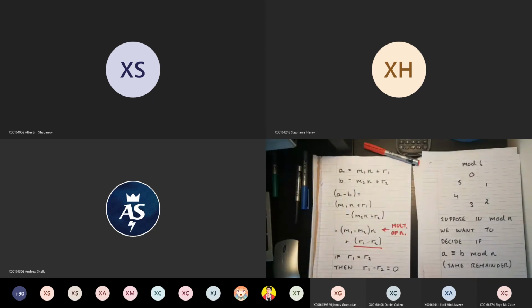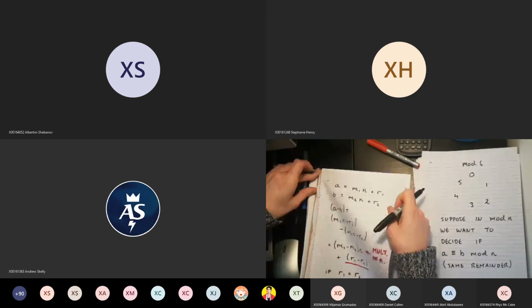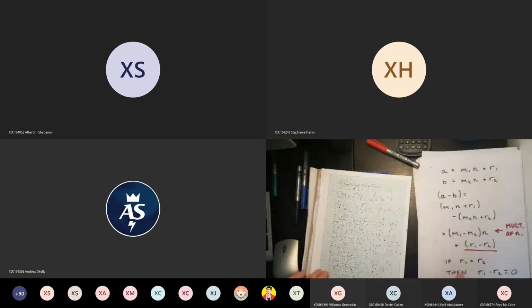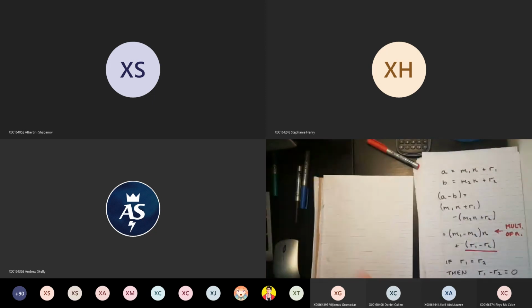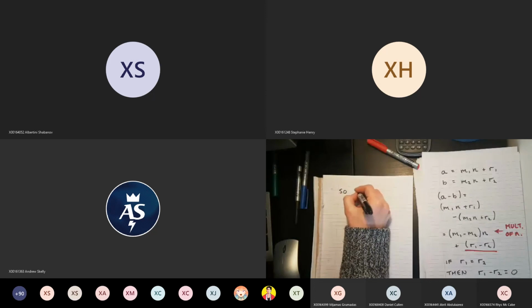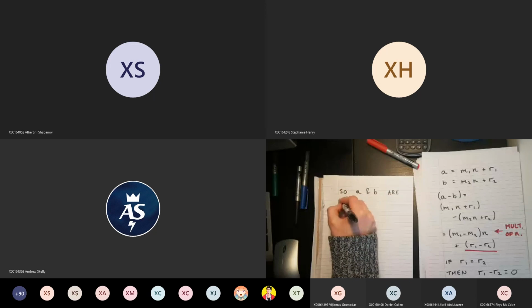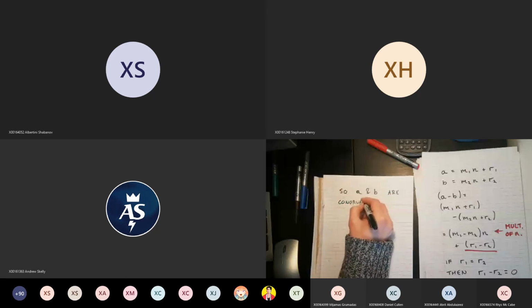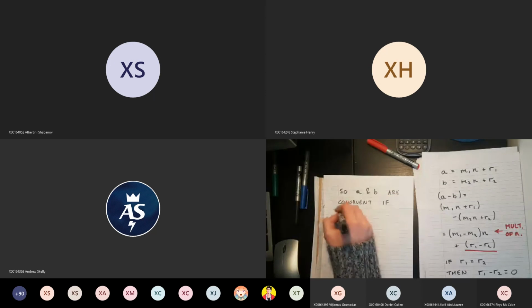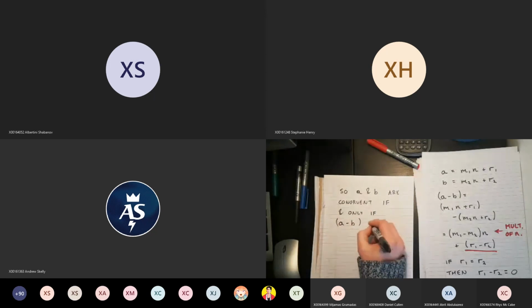So what does that mean? That means the only way that A and B can have the same remainder is if when I take the difference, whatever that is, it has remainder 0. So A and B are congruent if and only if A minus B has remainder 0.